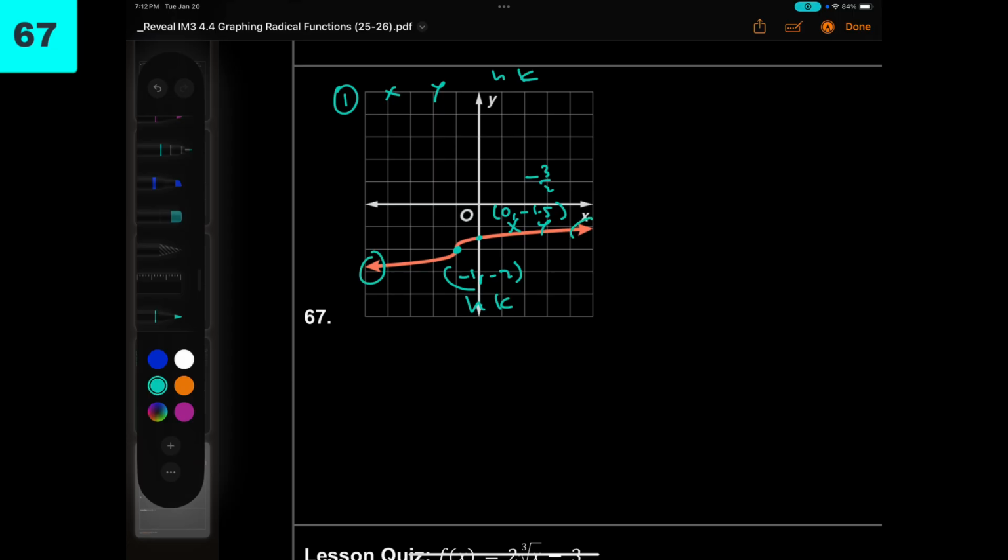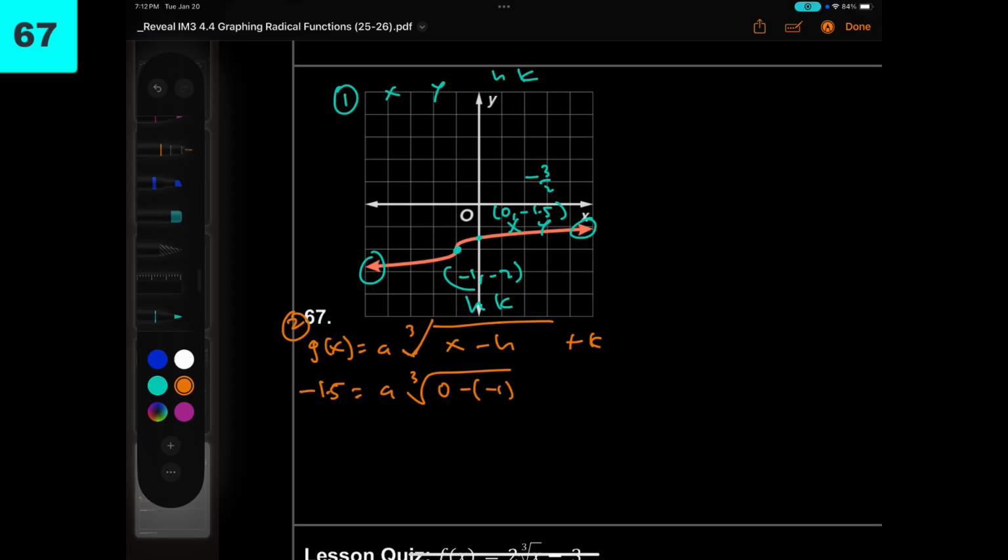Okay, I have 2 arrows, so I know that the index right here is going to be an odd. So x minus h plus k. The y value is -1.5. The x value is 0. The h value is -1. And then my k value is -2.